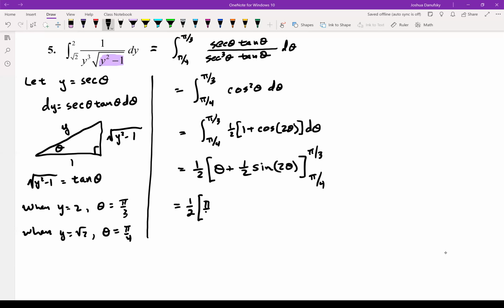So we have pi over 3 plus 1/2 the sine of 2 times pi over 3, which will be 2 pi over 3, minus pi over 4 minus 1/2 the sine of 2 times pi over 4, which is pi over 2.